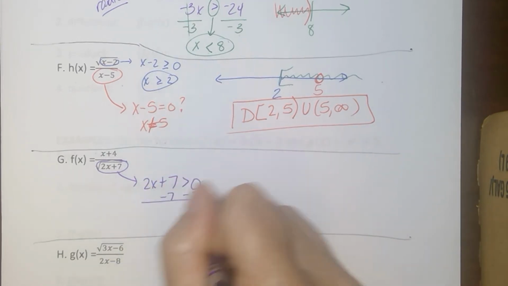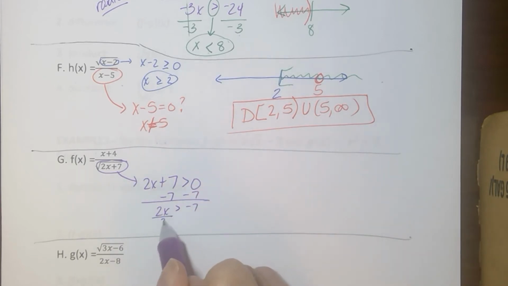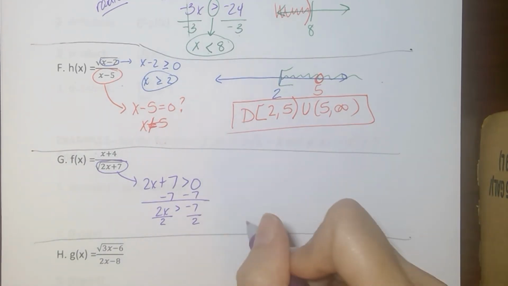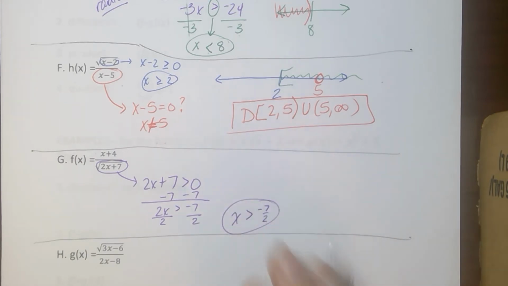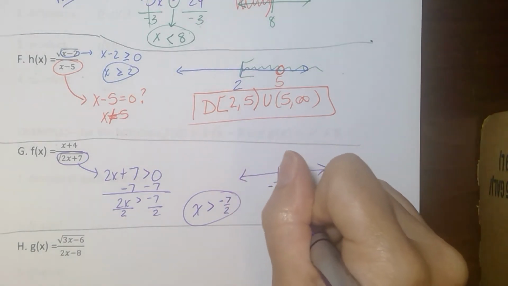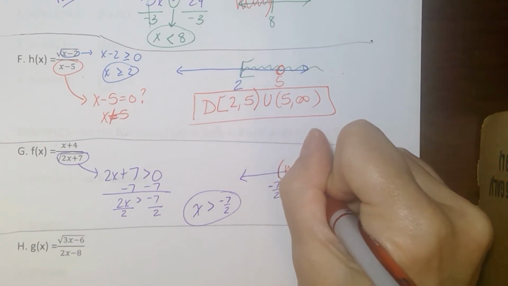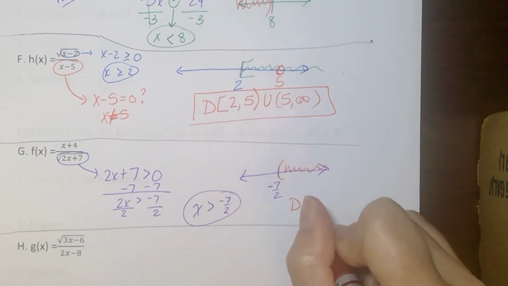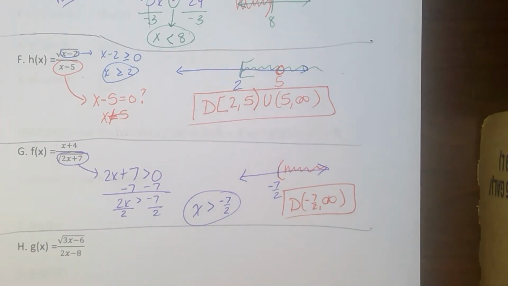I move that 7 over, 2x greater than negative 7. I'm dividing here, but I'm dividing by a positive, so it does not reverse my inequality symbol. What I end up with is x greater than negative 7/2 as my domain. So when I put that down on a number line, I'm interested in the values greater than but not including that. So my domain is from negative 7/2 not inclusive to positive infinity.